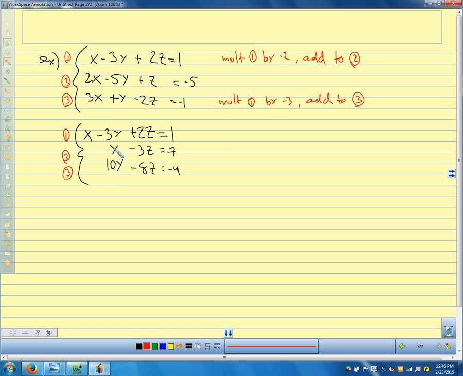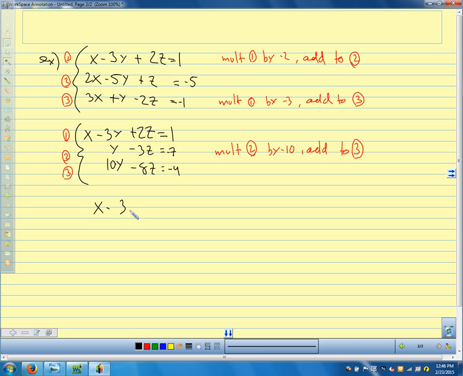So what am I going to do? Multiply 2 by negative 10. And when I add those, that'll get rid of that y. So I'm going to multiply 2 by negative 10 and add to 3. So my first two equations are going to stay the same.